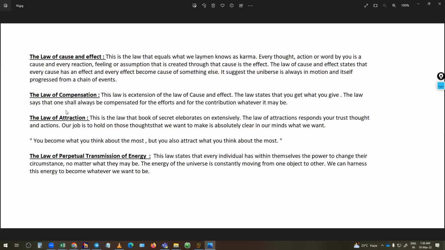The next law is the law of perpetual transmutation of energy. It states that every individual has within themselves the power to change their circumstances, no matter what they may be.